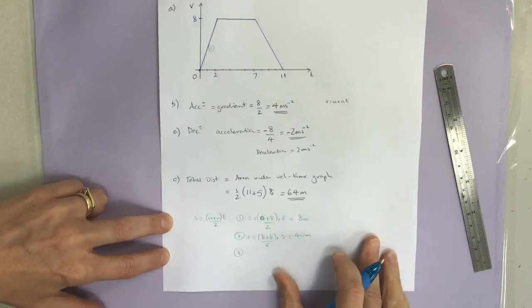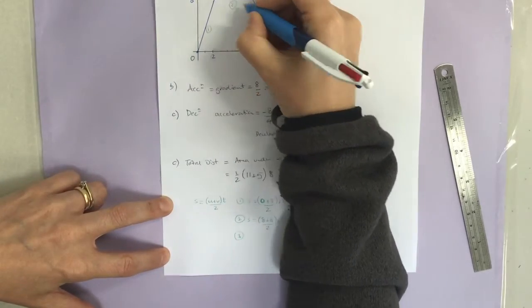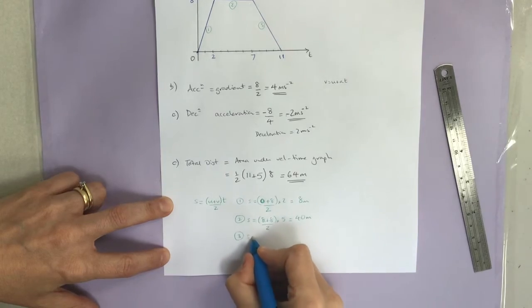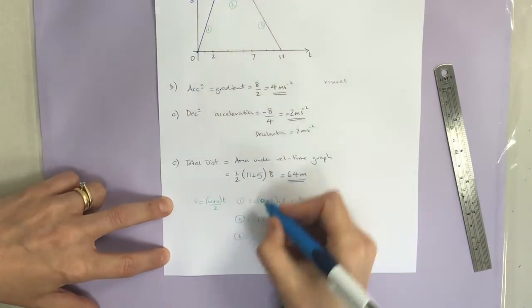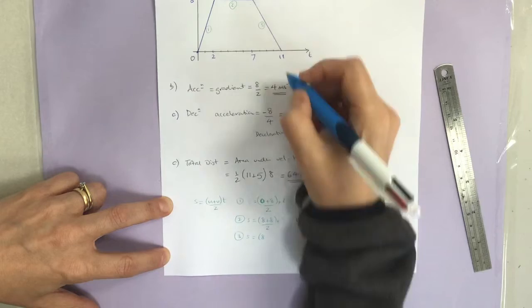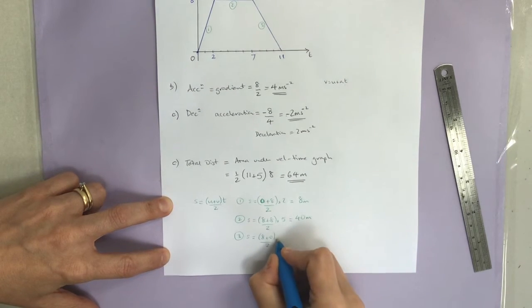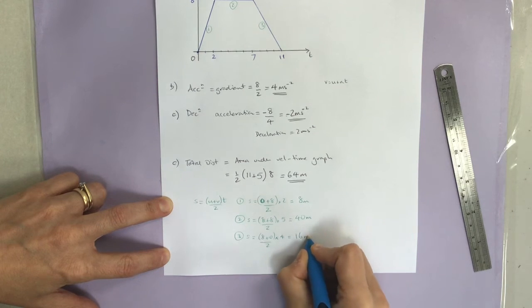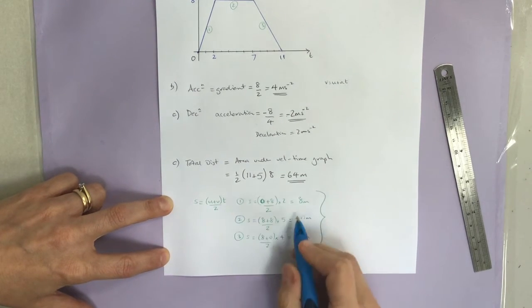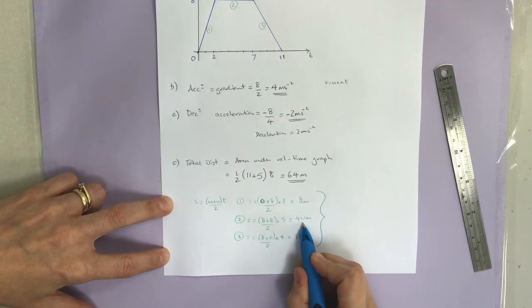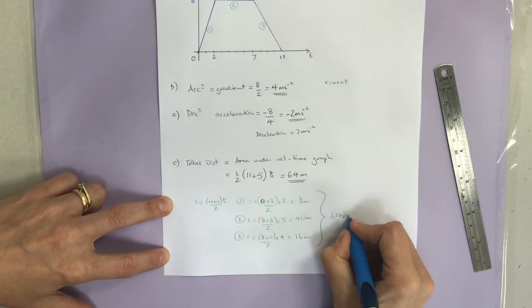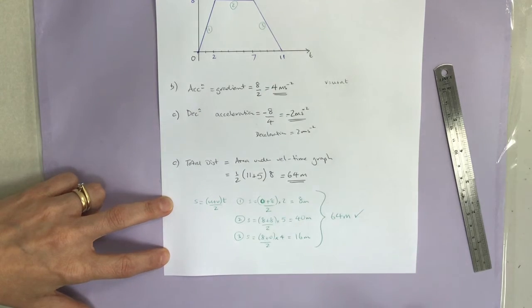And then for the third and final part of the journey, initial velocity is 8, final velocity is 0, over 2, time taken is 4, so that's going to give me 4 times 4 is 16. If I add those displacements together, first part of the journey, middle section, last part, I'm going to get 64 metres, so that does definitely work.